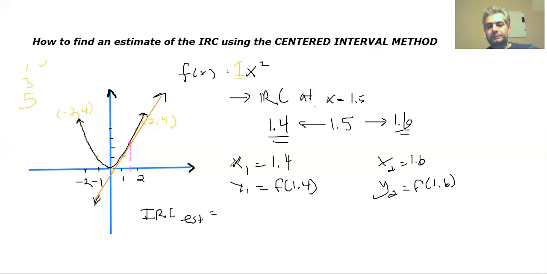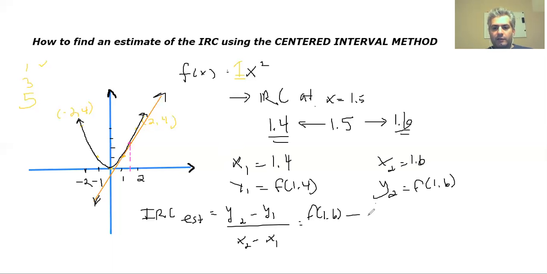So from here, I follow the formula y2 minus y1 over x2 minus x1. So y2 is f of 1.6 minus f of 1.4, all over 1.6 minus 1.4.